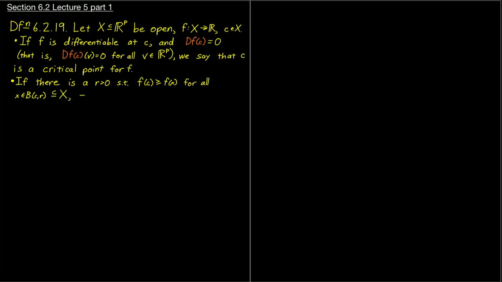So f of X is defined everywhere in this ball, then F has a local maximum at C. And the definition of local minimum is exactly the same.